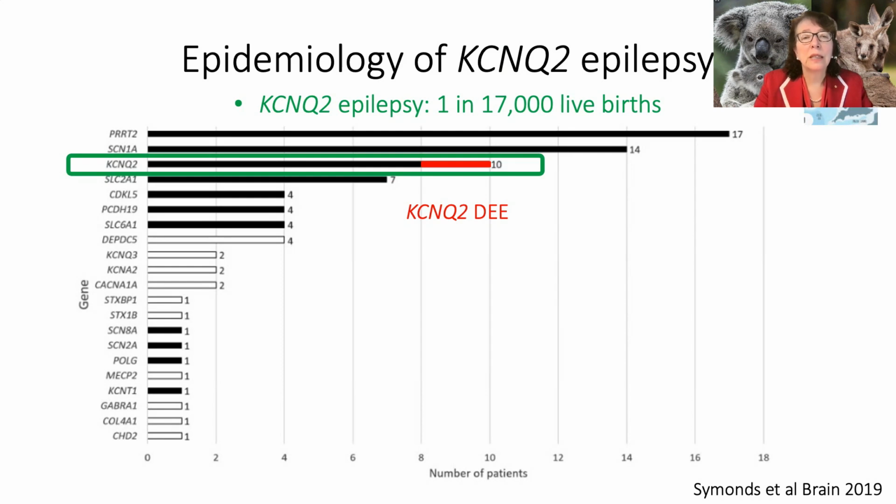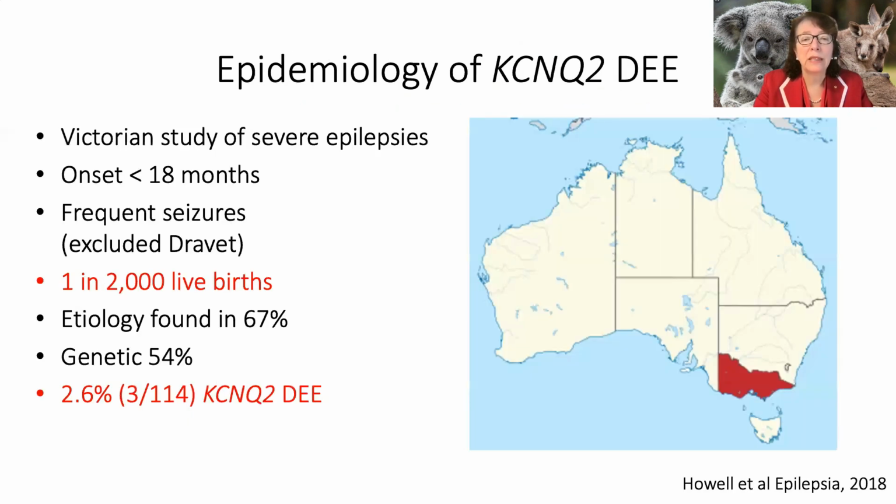Now, we've also done some epidemiological study of this based in our state of Victoria, in Australia. And I did this study with my PhD student, Catherine Howe, where we looked at severe epilepsies beginning under 18 months of age. But the inclusion criteria meant that we didn't capture all the developmental and epileptic encephalopathies, and in particular Dravet syndrome is not included in these numbers.